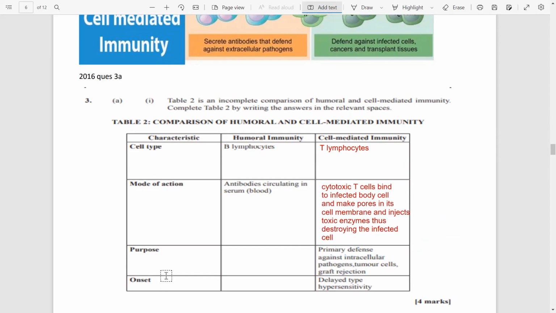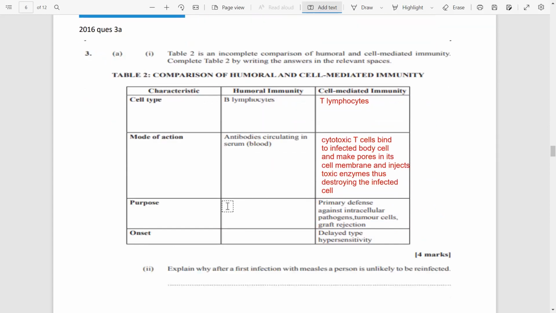All right, the purpose, it says here, for the cell-mediated immune system is that it's the primary defense against intracellular pathogens, tumor cells, and for graft rejection. So for the cell-mediated system, we would say that it's a primary defense against intracellular pathogens.